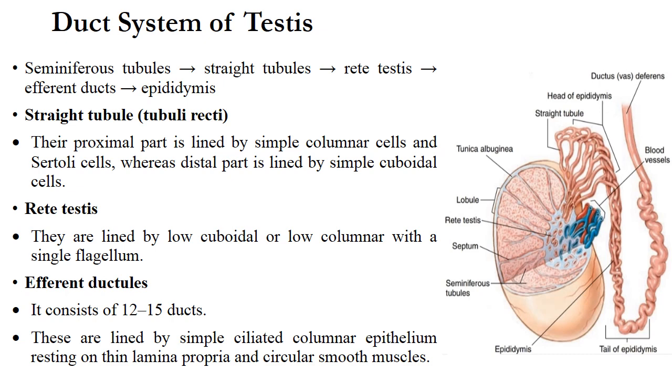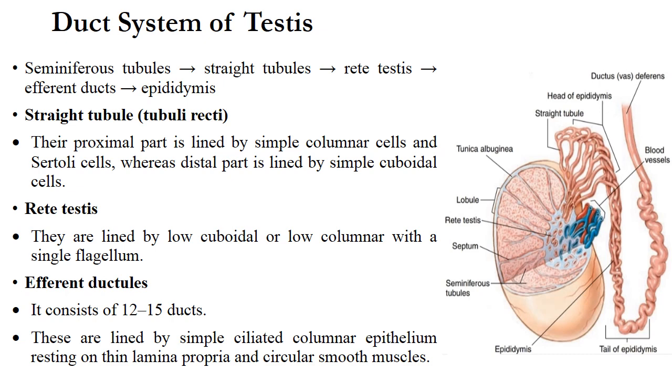So the straight tubules, or tubuli recti, are the terminal part of the seminiferous tubule. The proximal part is lined by simple columnar cells, and Sertoli cells are present in it, whereas the distal part of the straight tubule is lined by simple cuboidal cells.